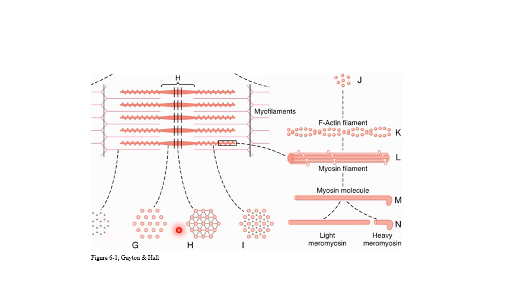These are different cross sections at different levels, for example G, H, and I. Now, if you see this diagram, you can see these are the light bands, these are the actin molecules, and then these are the dark bands. At a more molecular level, these are the myosin molecules. These are the dark bands and these are the light bands, and they interdigitate with one another. That is the actin and the myosin.